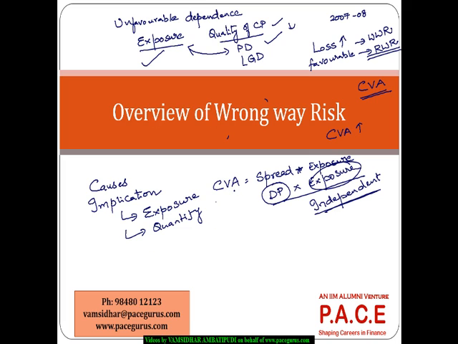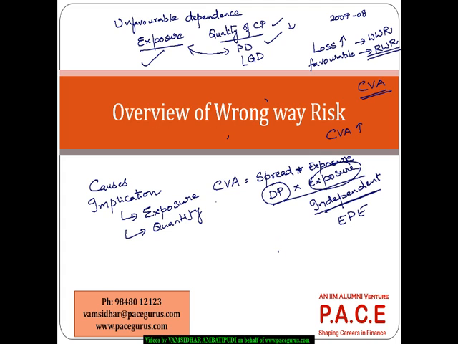So, if we have taken this particular formula, CVA equals credit spread times the exposure, which we have used as expected positive exposure, right? And as I said, this is based on a very key assumption that both of them are independent.